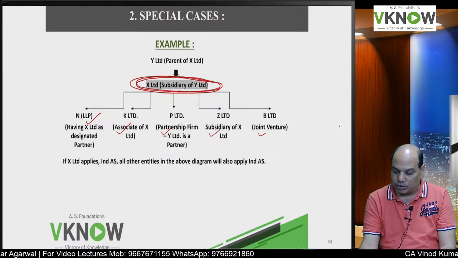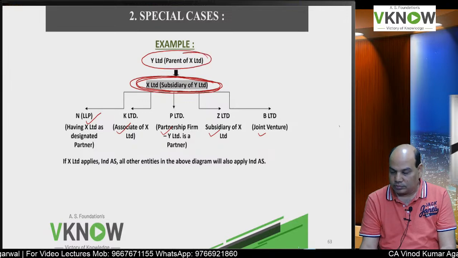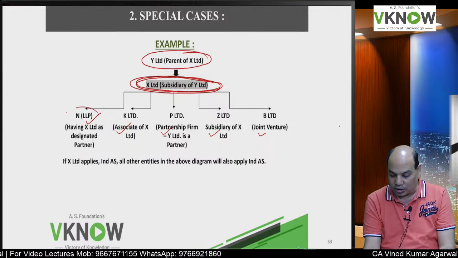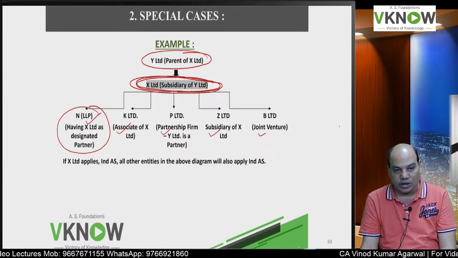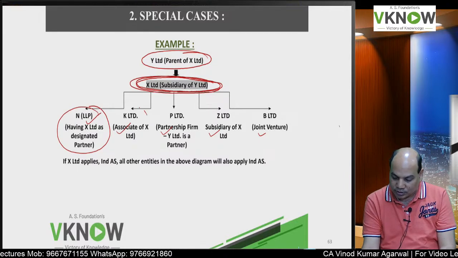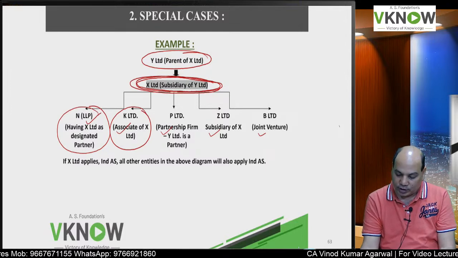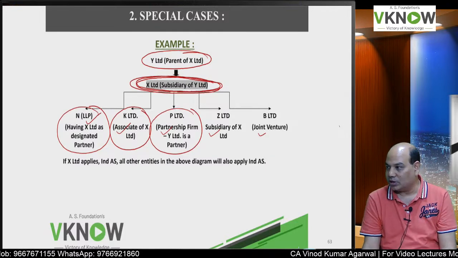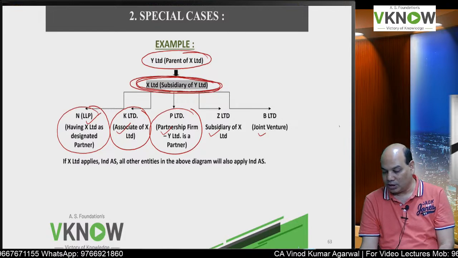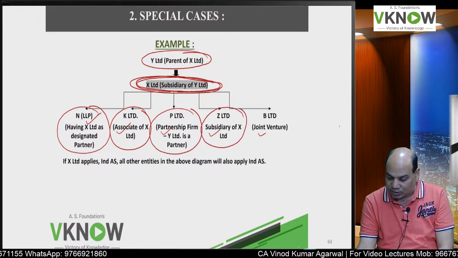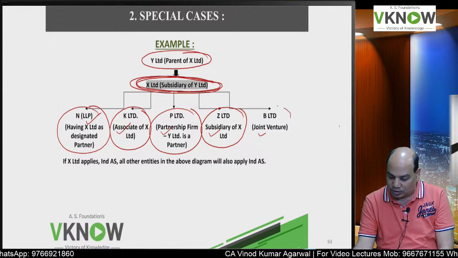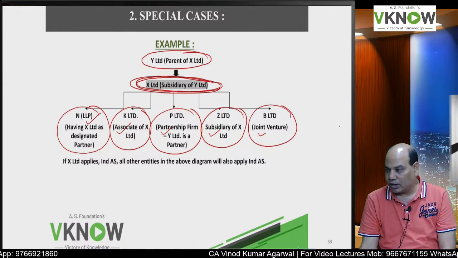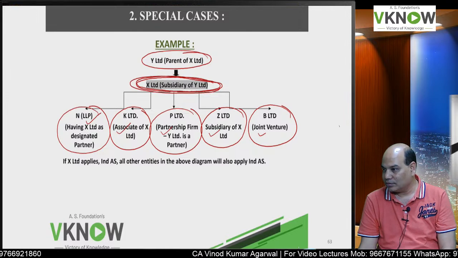So Ind AS will become applicable to Y, which is a parent company, N, which is an LLP, and X Limited is the designated partner, K Limited, which is the associate of X, P Limited, which is a partnership firm in which Y Limited is partner, Z Limited, which is a subsidiary of X Limited, and B Limited, where X Limited is a venturer.